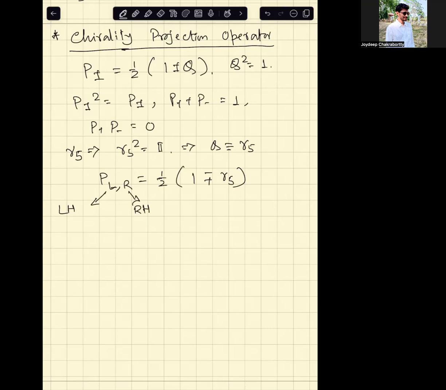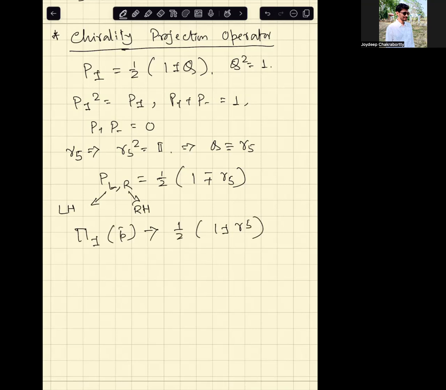Okay, so these are the chirality projection operators. In the massless limit, the chirality operator and the helicity projection operator are basically the same. So that's the important part. For the massless case, your chirality and helicity are the same.